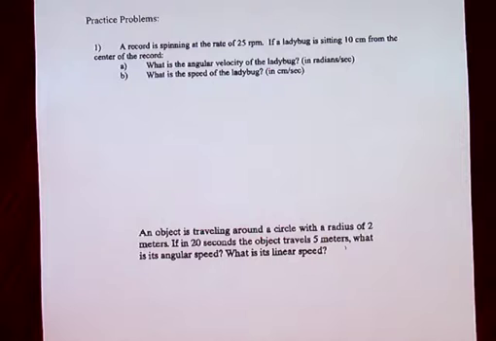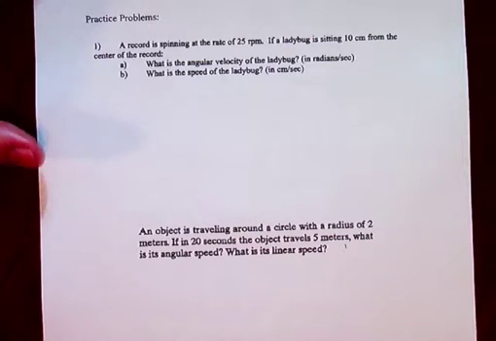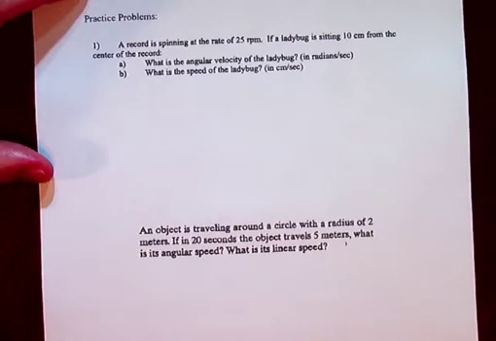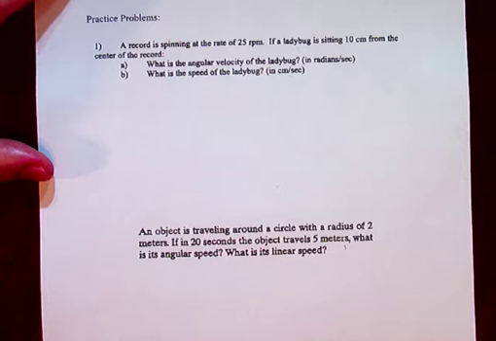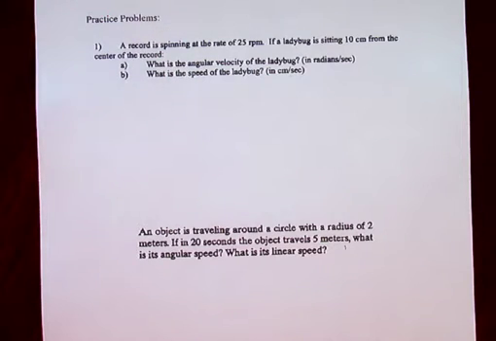I'm sure that you've seen them in movies. A record is spinning at a rate of 25 revolutions per minute. If a ladybug is sitting 10 centimeters from the center of the record, what is the angular velocity of the ladybug?